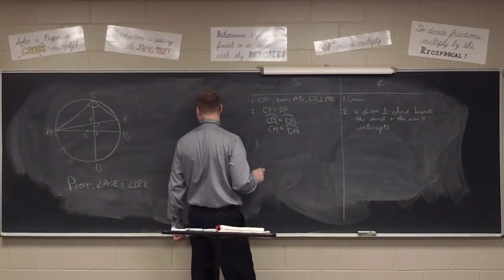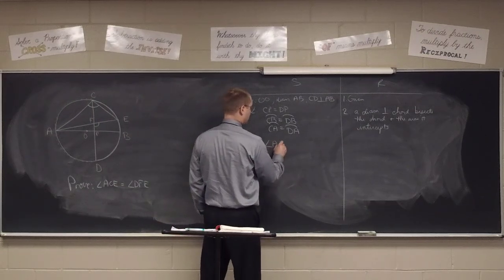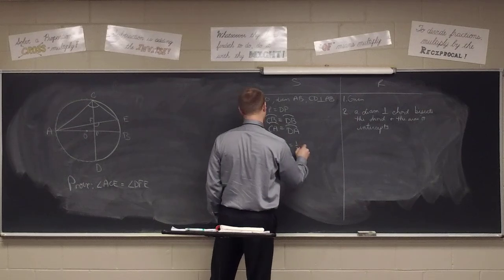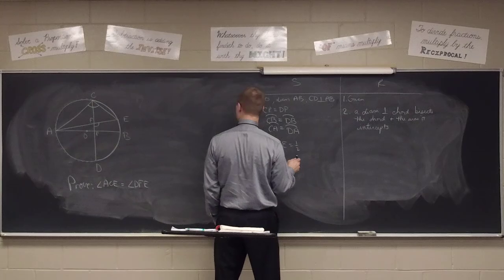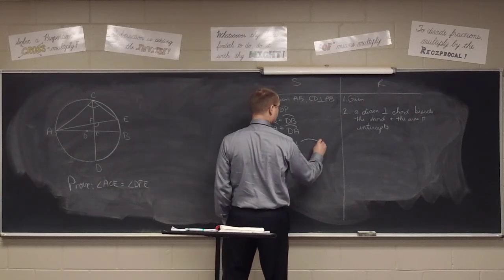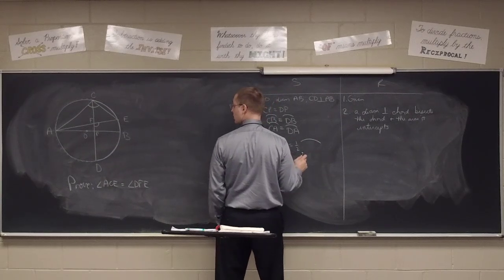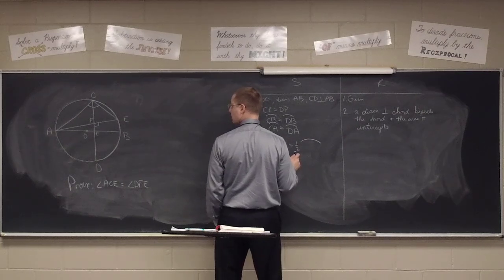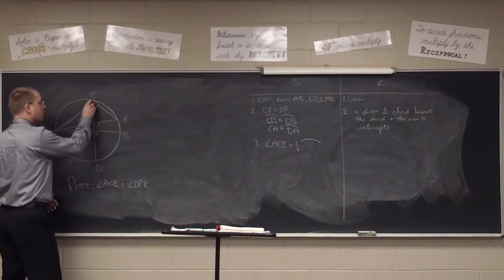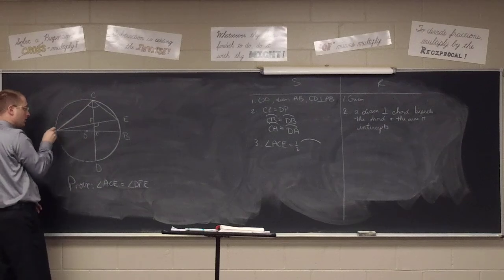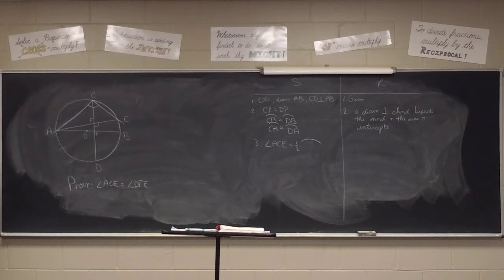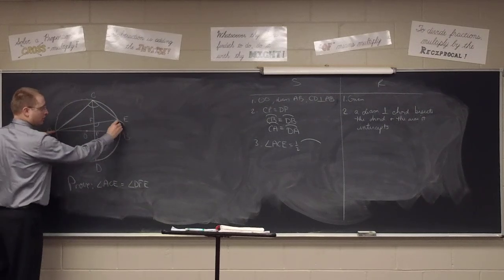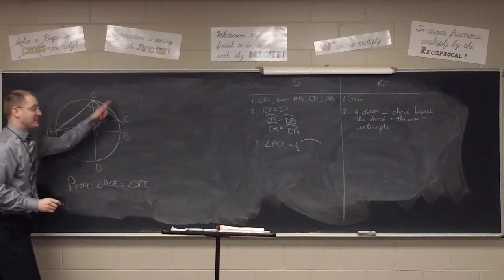So we could say that angle ACE equals half of arc ADBE, right?